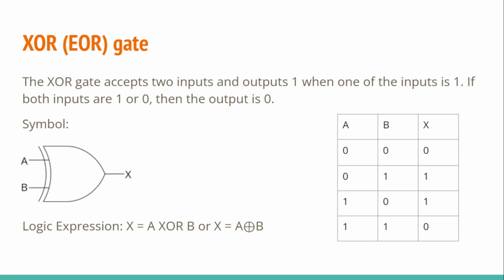The XOR, or otherwise known as the exclusive OR gate, accepts two inputs and outputs 1 when one of the inputs is 1. However, if both inputs are 1 or 0, then the output is 0.